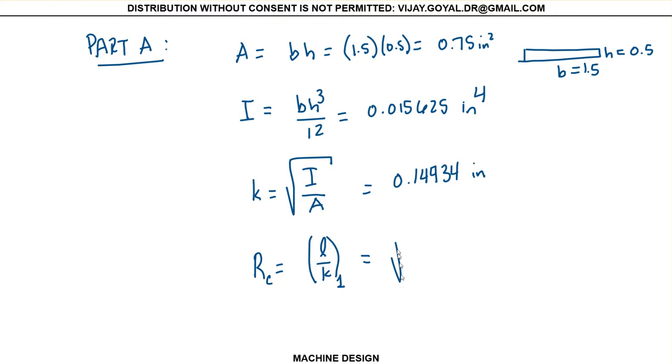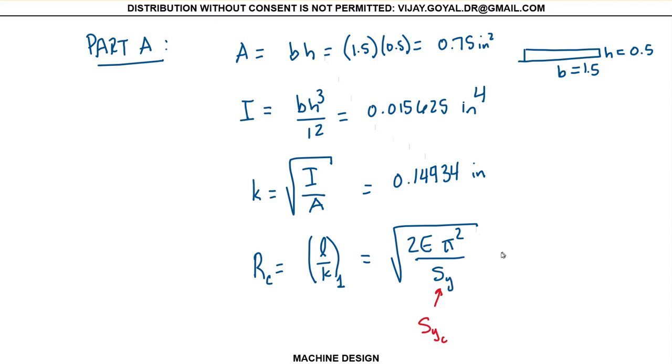And this is equal to the square root of 2 times E pi squared over sigma yield. This is yield strength, or tensile strength in many textbooks, compressive. Okay, and just to clarify this, this is compressive, not tensile.